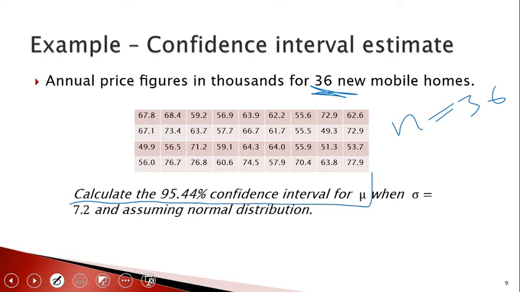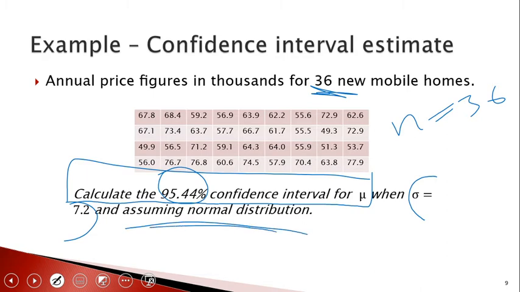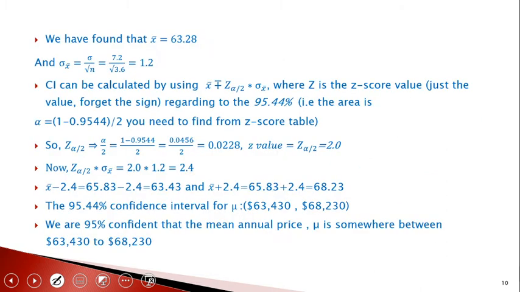Don't worry about this value, it can be any value. You need to find the confidence interval for mu, sigma is given, no problem, and they have given that we assume it's normally distributed. Then you have to follow those steps.